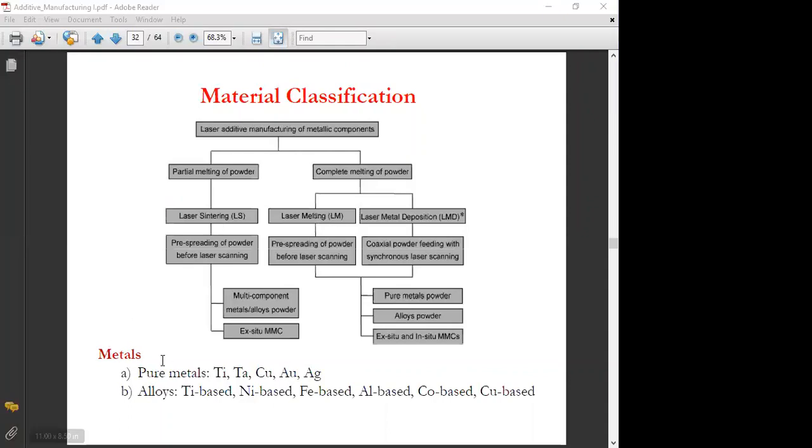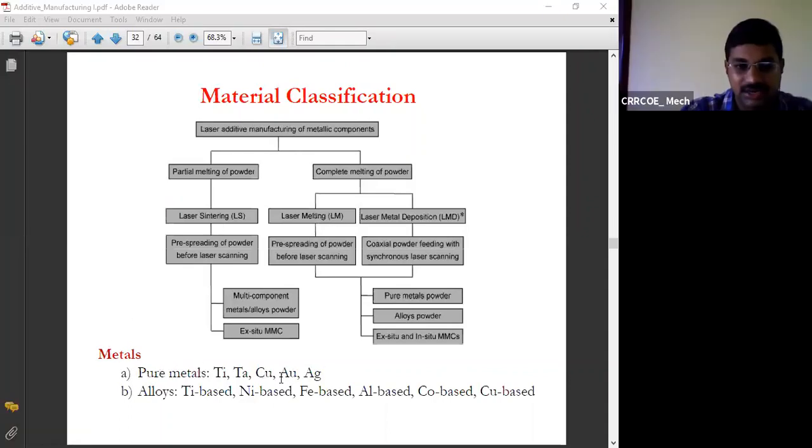See, these are the metals, different metals and alloys: titanium, calcium, copper, gold, silver. These are the different pure metals they have given, and also alloys, titanium based. For most biomedical applications, we are going to use titanium alloys. Then nickel alloys, these are the ferrous.